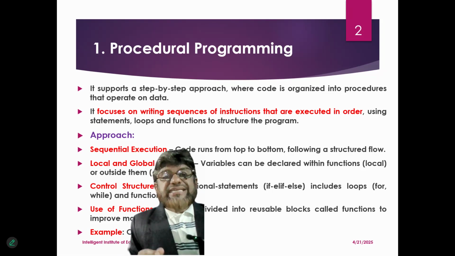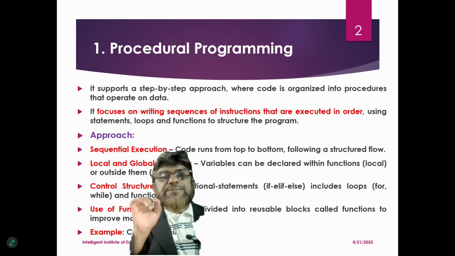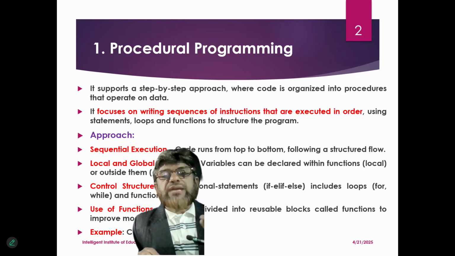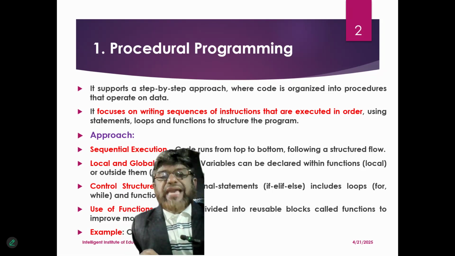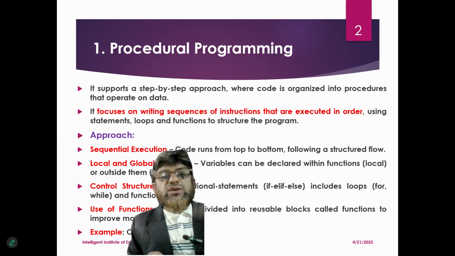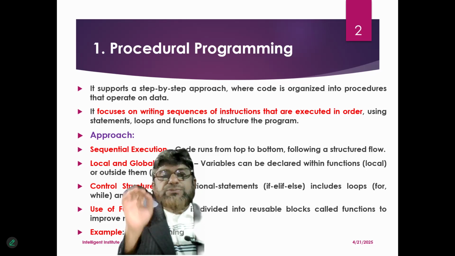What does this mean? It means that in this programming technique, for example, C programming. In C programming, any code we want to write, like finding a factorial number, we have to explain what type of data we are going to declare, a local variable or a global variable, and we have to mention that.